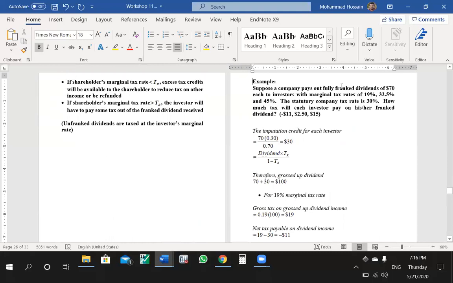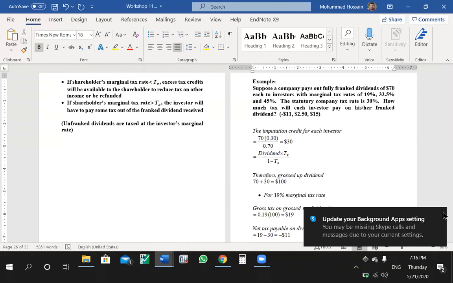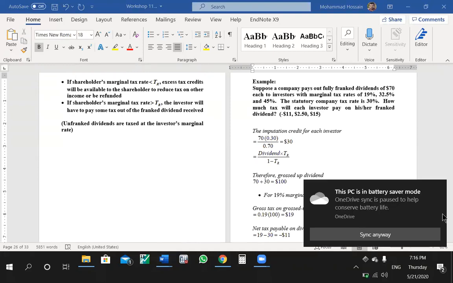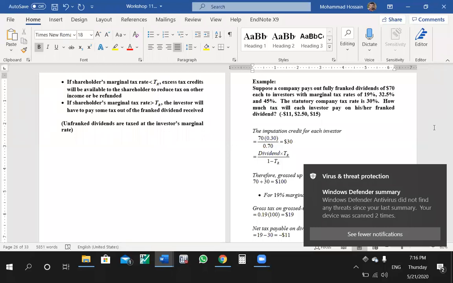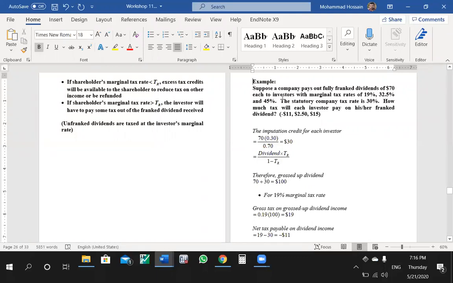Suppose a company pays out a fully franked dividend of $70 each to investors with marginal tax rates of 19%, 32.5% and 45%.